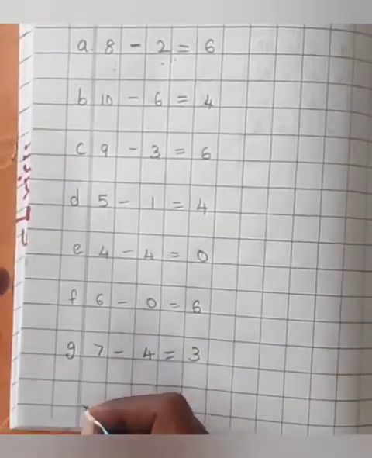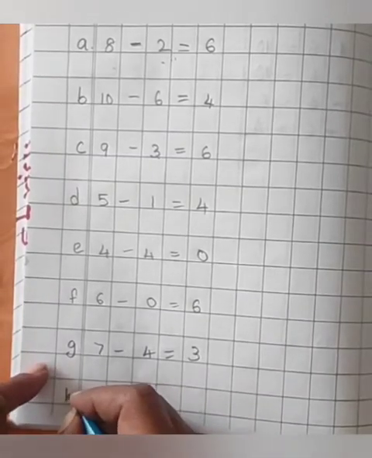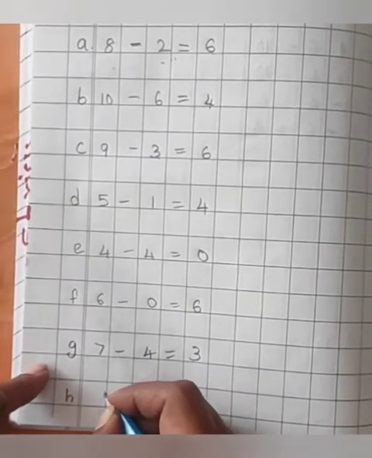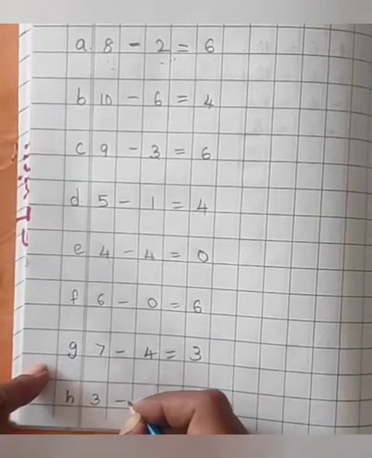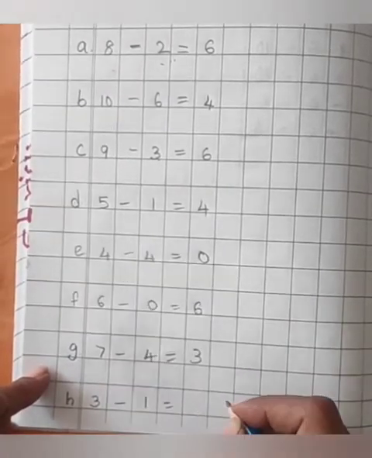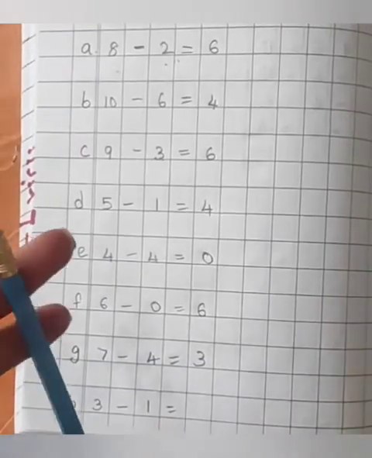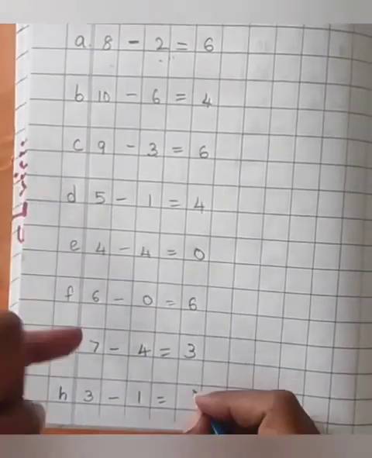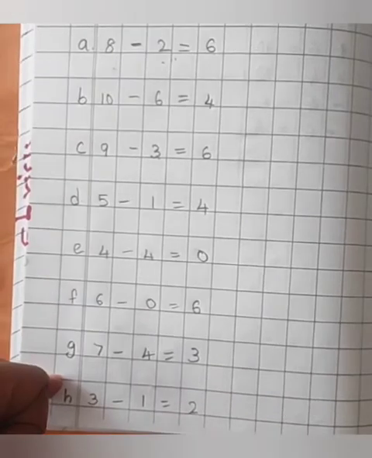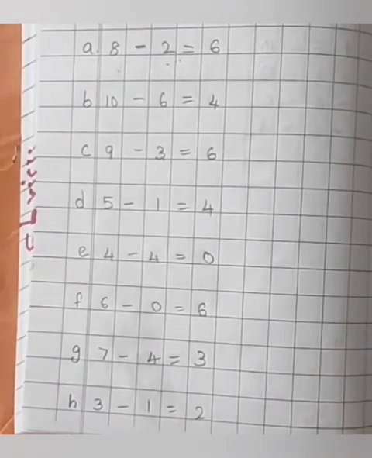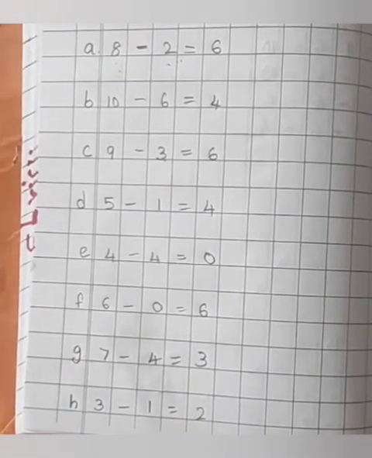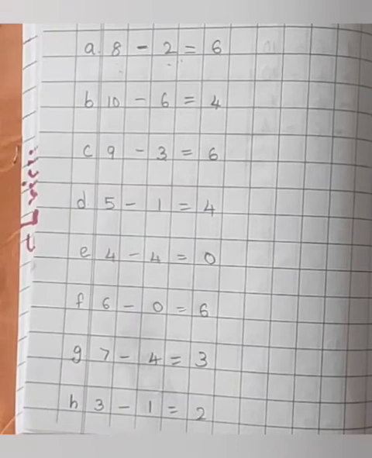The answer is 3. Bit H. 3 minus 1. After 1: 2, 3. Our answer is 2. Yes, children? Very good. You have to send it in the WhatsApp group after completing your classwork and workbook.